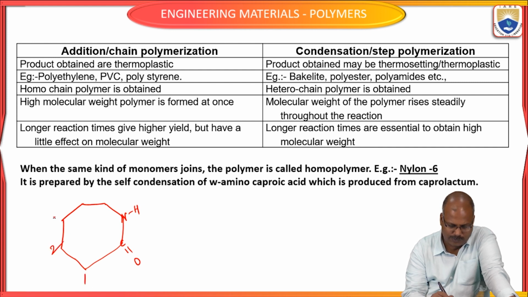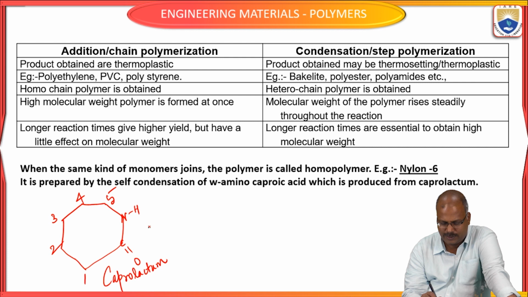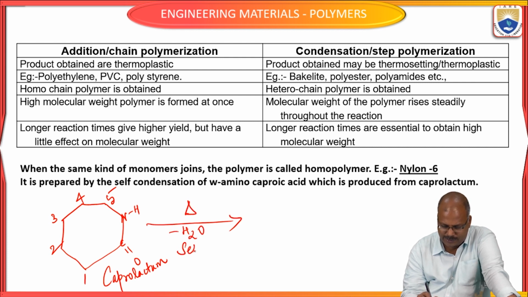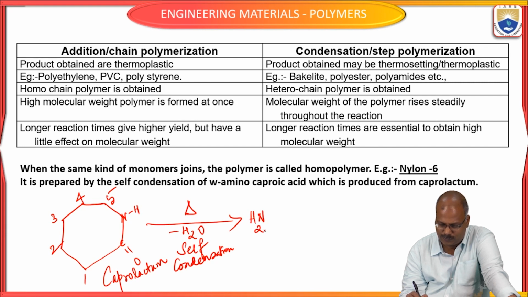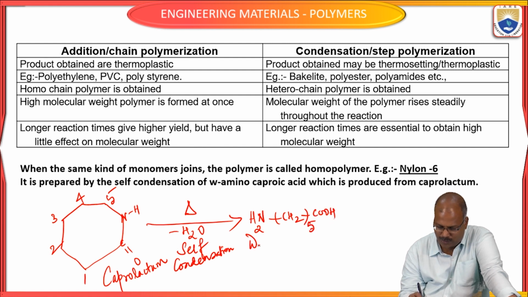1, 2, 3, 4, 5. This is caprolactam. On heating, it undergoes a self-condensation reaction to form NH2 (CH2) 5 times COOH. This is called omega amino caproic acid.